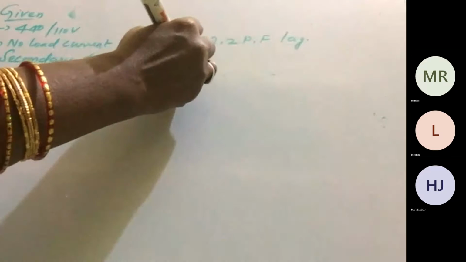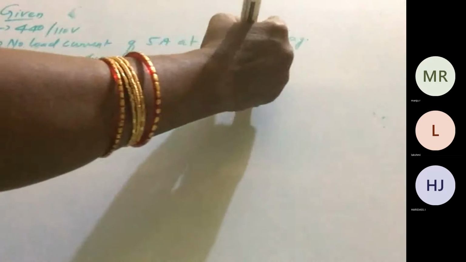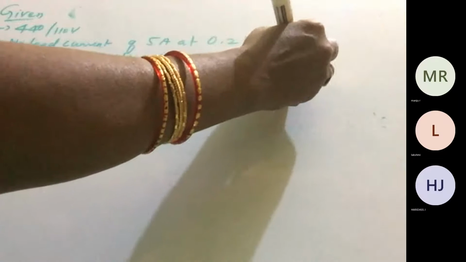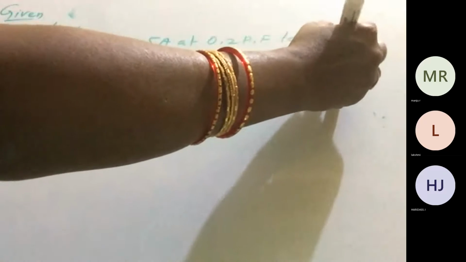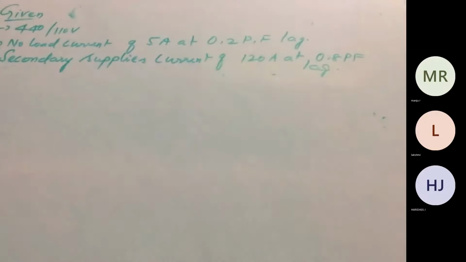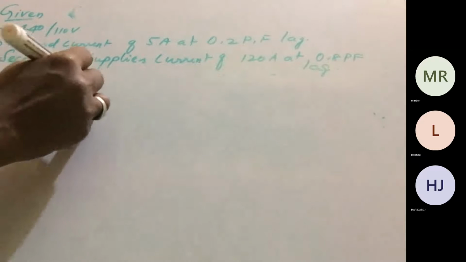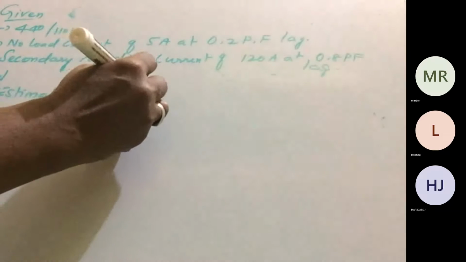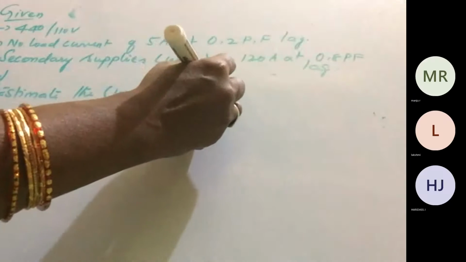If the secondary supplies a current of 120 amps at 0.8 power factor lagging, estimate the current taken by the primary.